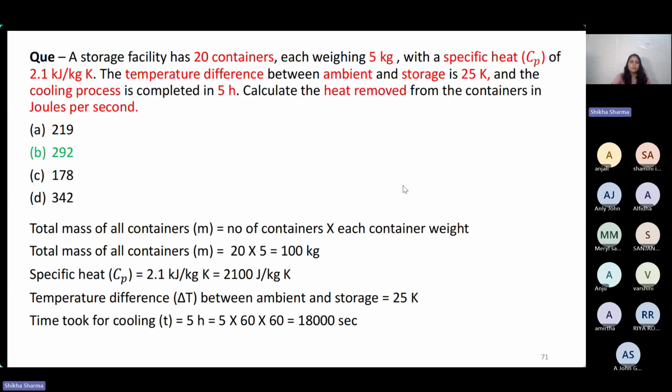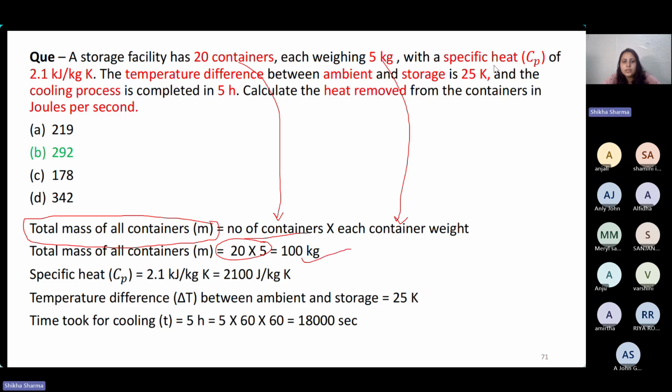Okay. So since we have the total number of containers given as 20, and each container is of 5 kg, we can calculate the total mass of all the containers. So total mass M is equal to 20 into 5, which is 100 kg.